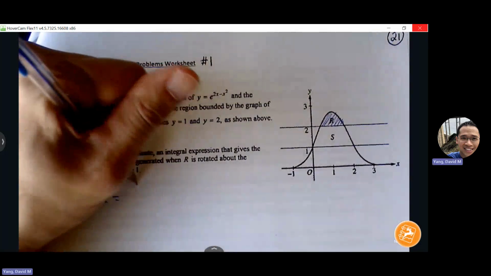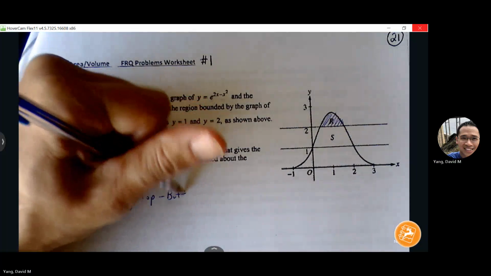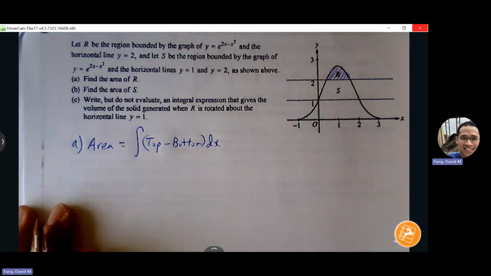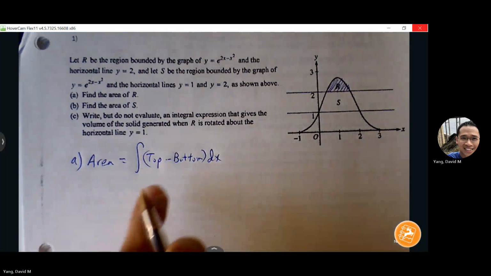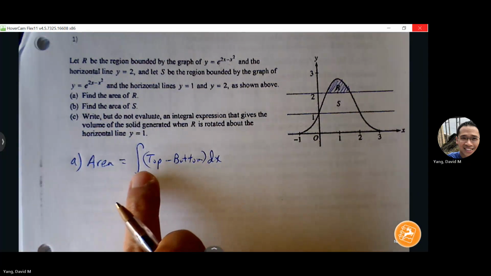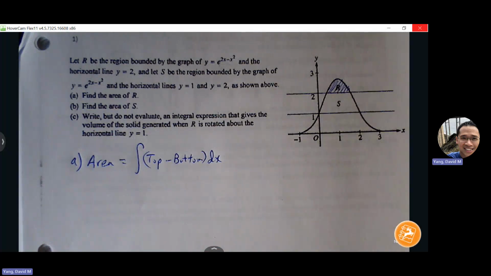Again, the area formula is just the integral, top minus the bottom, dx, right? There's no squared, there's no pi r squared, it's just height. We're accumulating the height, infinitely thin heights from one end all the way to the other end.